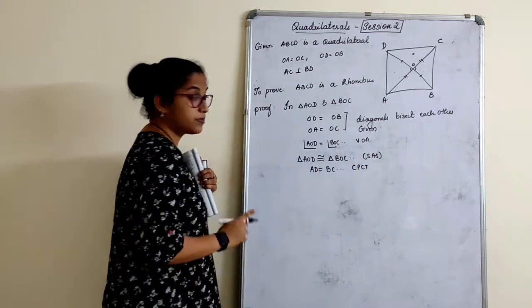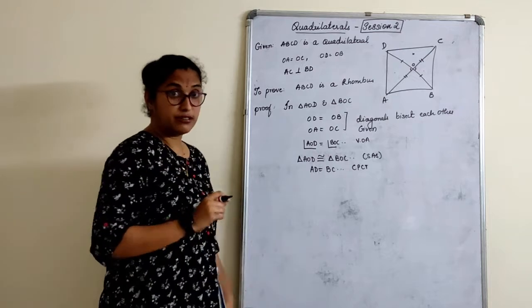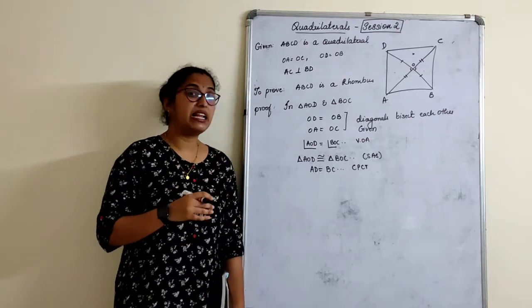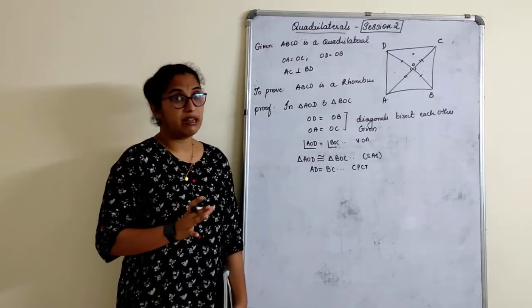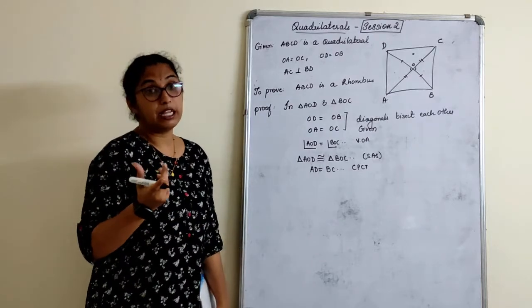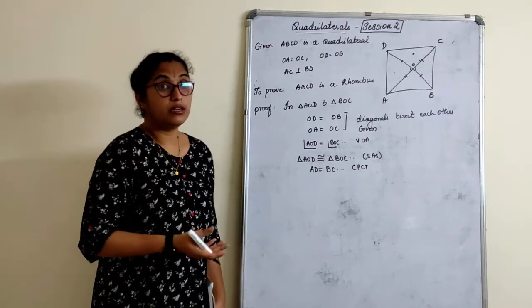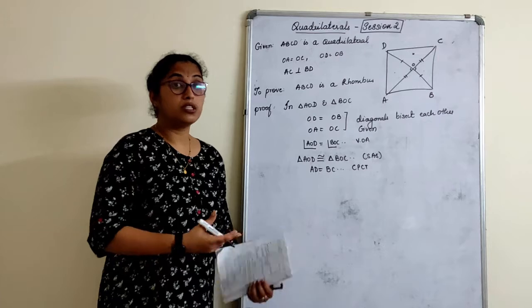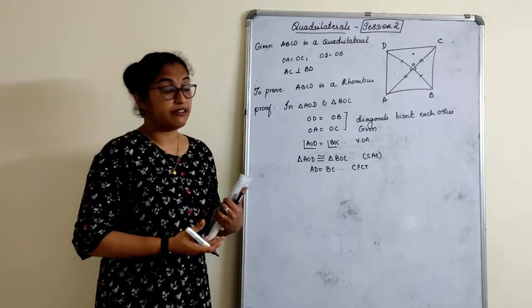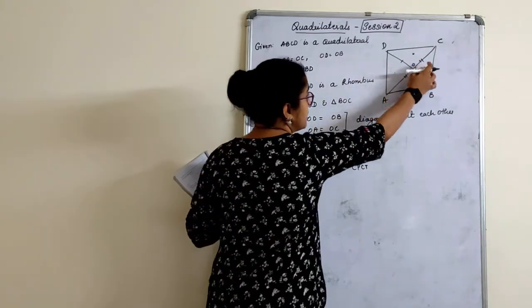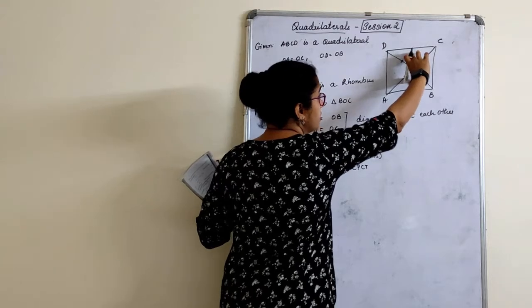by CPCT. Okay. Now here children, there are many places where I just write similarly. You have to see this depending on your marks or talk to your school teacher and find out can we do this or we have to prove each and everywhere. Now how I have done for this, similarly I can do for this also.